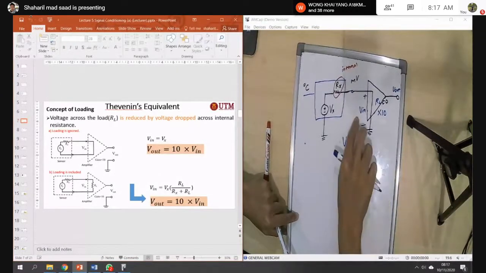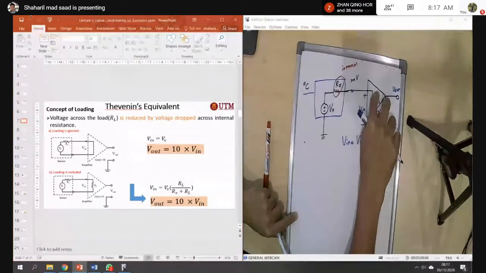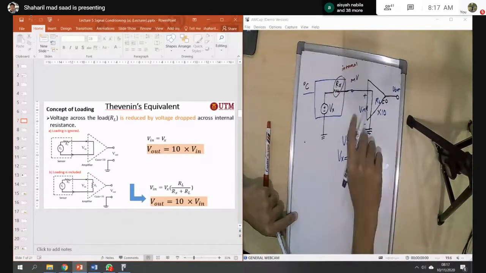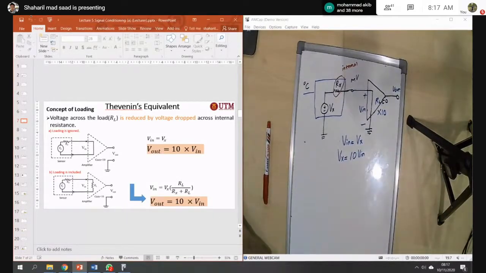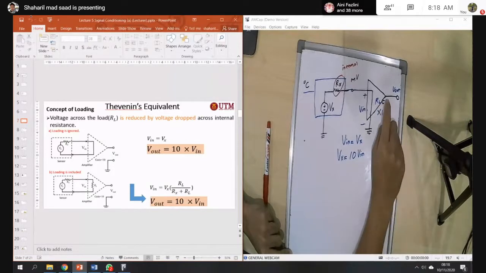V in is the voltage input for this signal conditioning. So now you can get V out is gain times V in. When you ignore the loading, maybe your amplifier is very ideal, very good, that means the load resistance equal to zero.